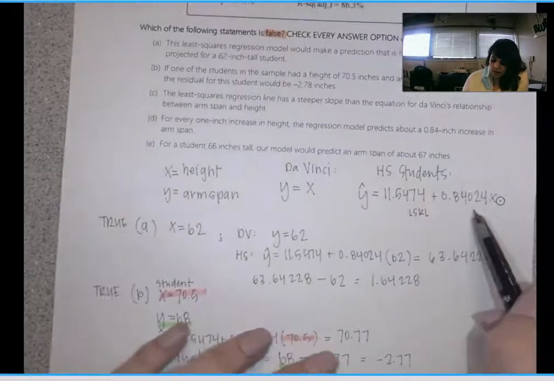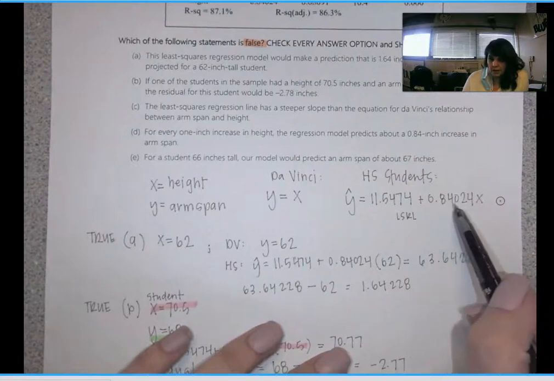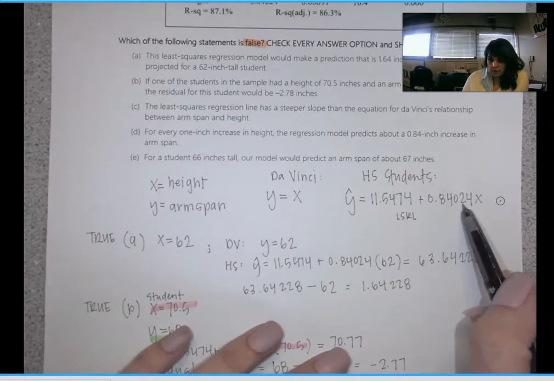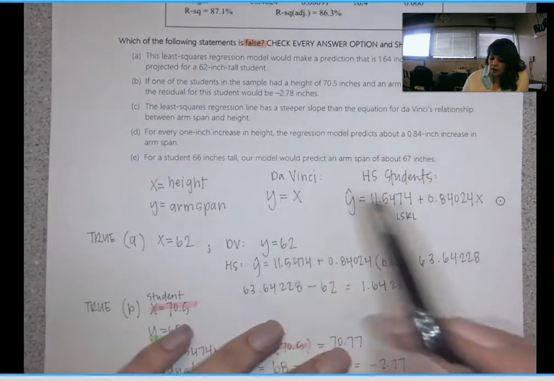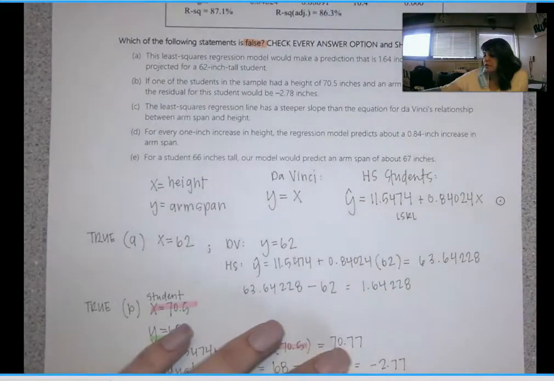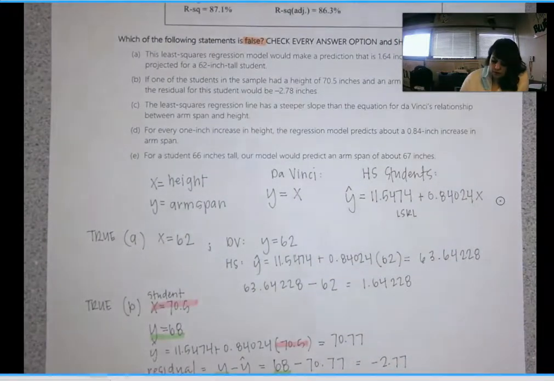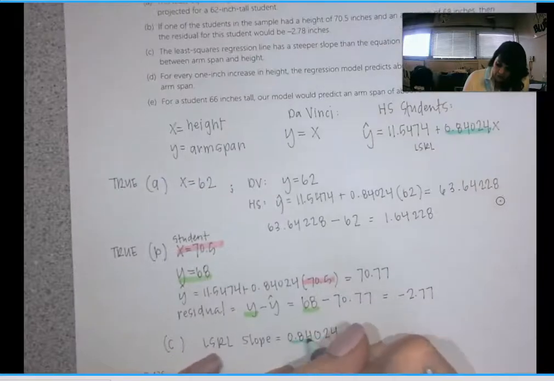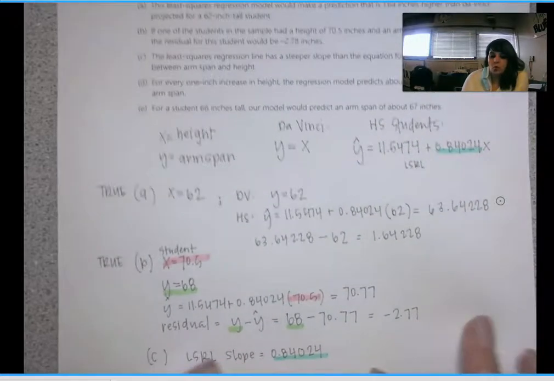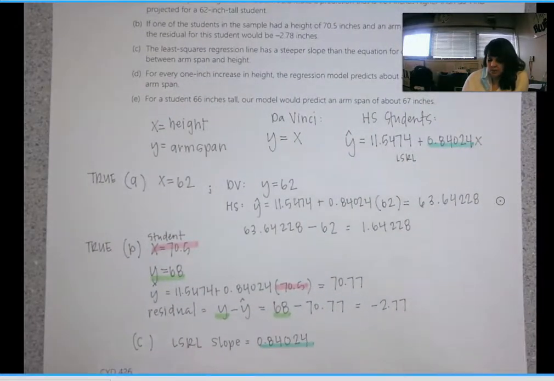Because look at the line. This is slope. So knowing that this number next to x is the slope for the LSRL, what is the slope for Da Vinci?